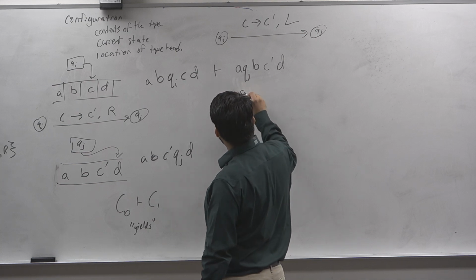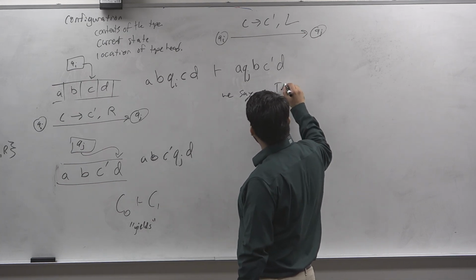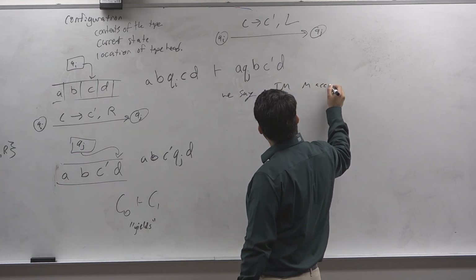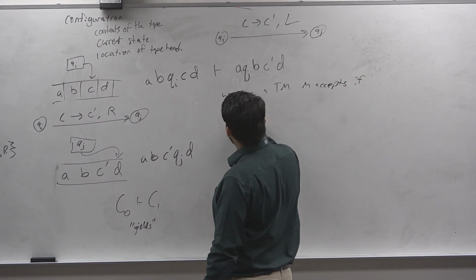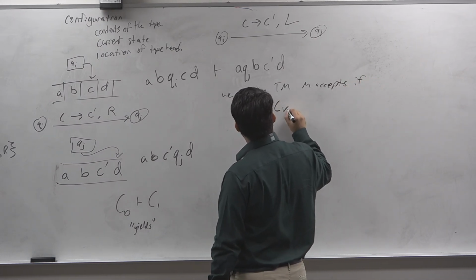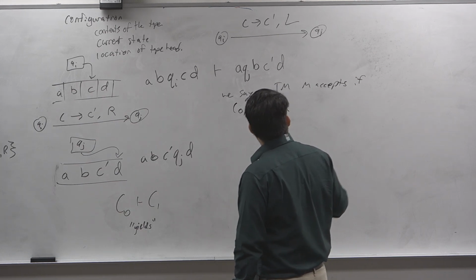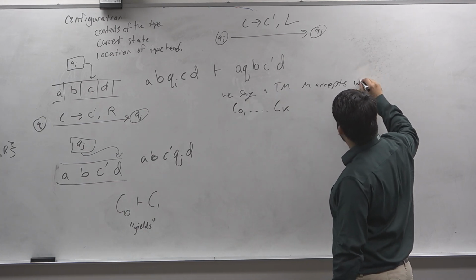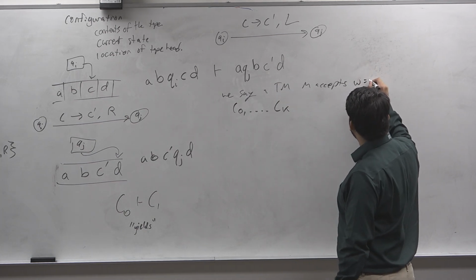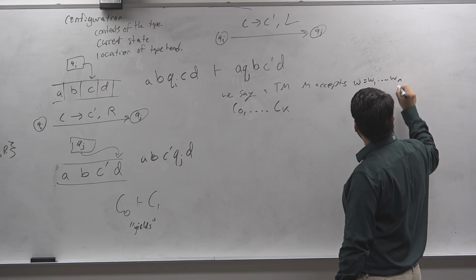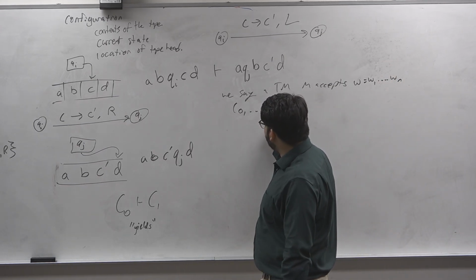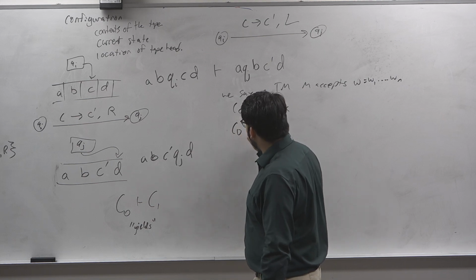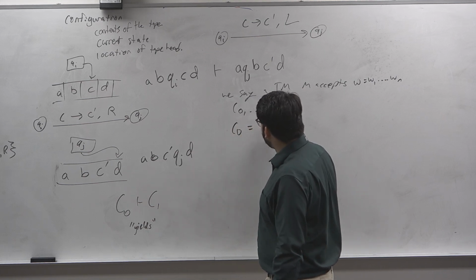We say a Turing machine M accepts some specific word w, which is w1 to wn, where those are symbols of the input alphabet, if there exist configurations C0 to Ck such that C0 is the initial configuration.